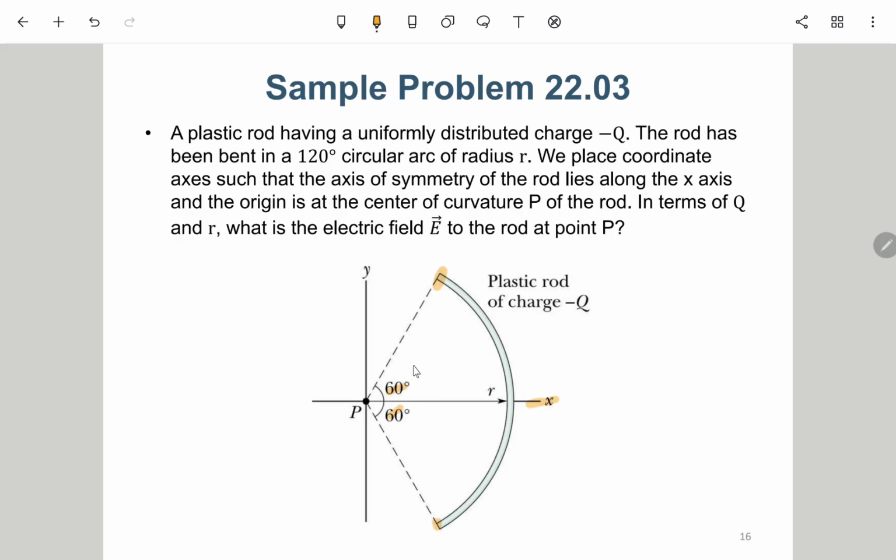So that will be 60 degrees on the top and 60 degrees at the bottom. The origin is at the center of curvature P of the rod. So P is the center. In terms of capital Q and small r, what is the electric field E due to the rod at P? So we would like to find the E field at this point.